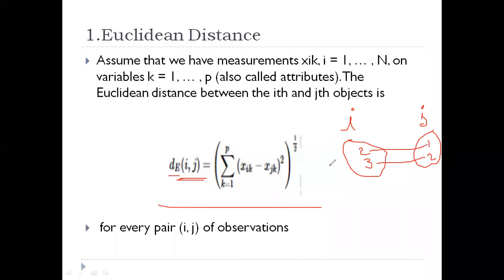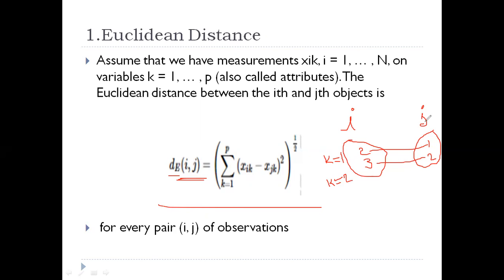Here k equal to 1 means i equal to 2, j equal to 1. If k equal to 2, what is the second data point in the ith cluster? That is 3.